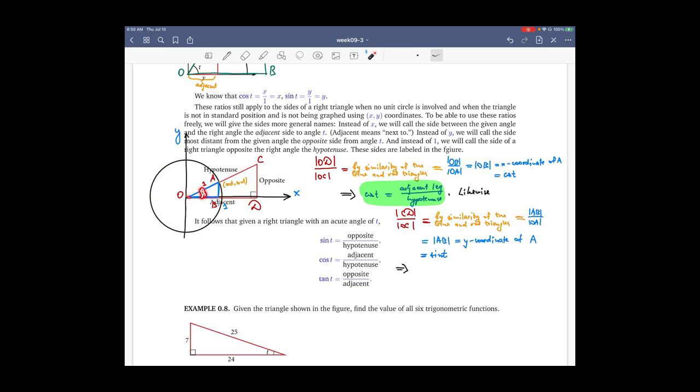Sine of an angle is the ratio of the opposite leg by the hypotenuse. Sine t is the ratio of the opposite leg by the hypotenuse.